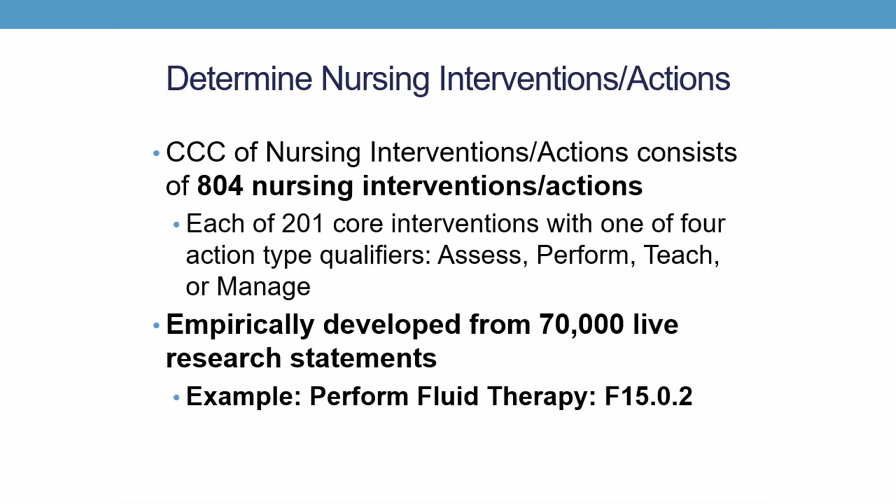Each nursing intervention provides a service or action. It's generally based on the combination of the admitting medical orders as well as the assessed nursing orders. So each nursing intervention also includes one of 4 actions. That means that it is to assess, perform, teach, and manage.